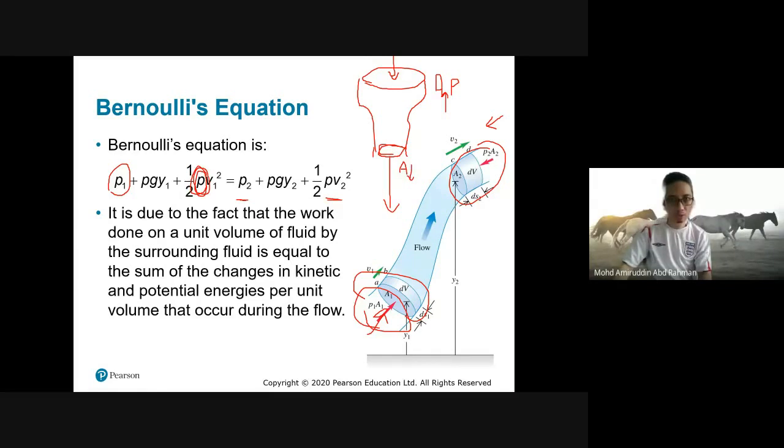So of course a small pressure will give you a big pressure over here. This is Bernoulli's principle. So that's the relationship.